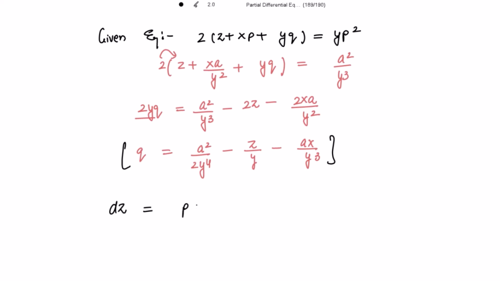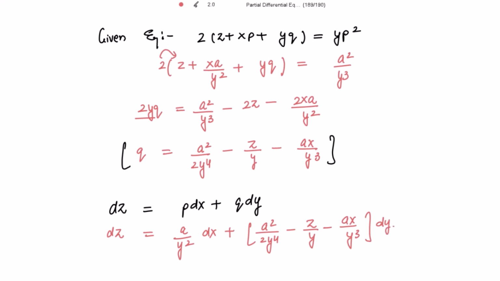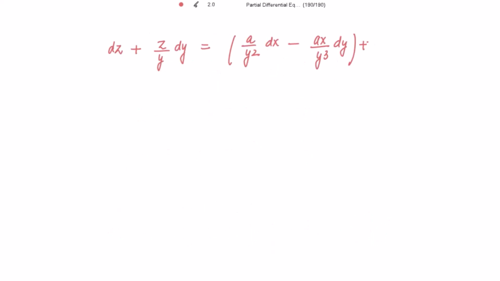Now to get the complete integral we need to use the equation dz equals p dx plus q dy. Let's put the value of p and q over here and write dy. Let me take this term to the other side with dy. Here let me take the LCM. It is y dz plus z dy divided by y, equal to, taking this y to the other side, y is multiplied with this. So it is a divided by y dx, because y is now multiplying with this because of this denominator.